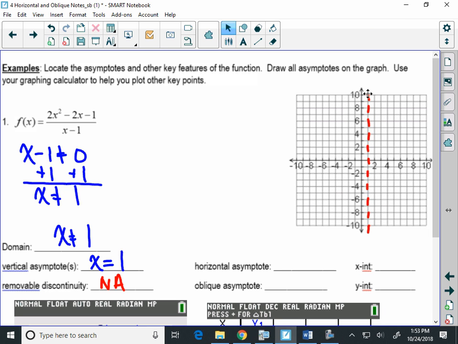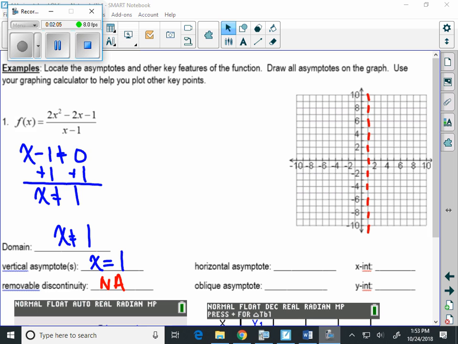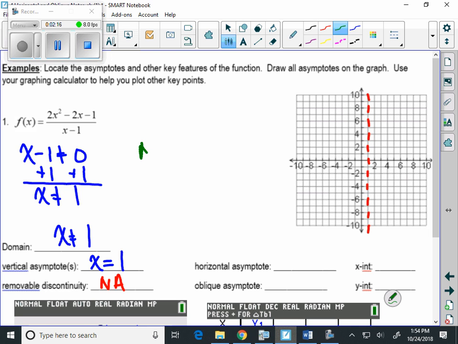Then we go to our second column over here, and it says horizontal asymptote. And I know I haven't even typed this into the calculator, and we can in a minute. But if we look at this, so when we're looking for a horizontal asymptote here, what we are going to look at is the degree of the numerator.